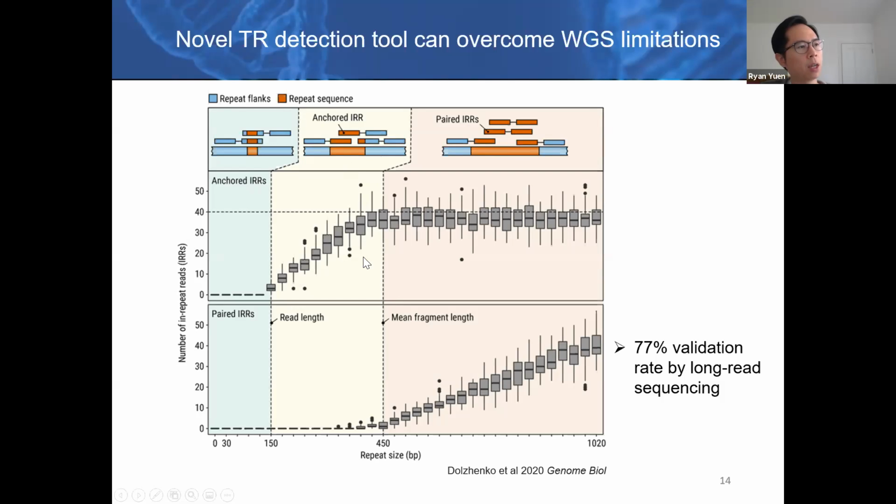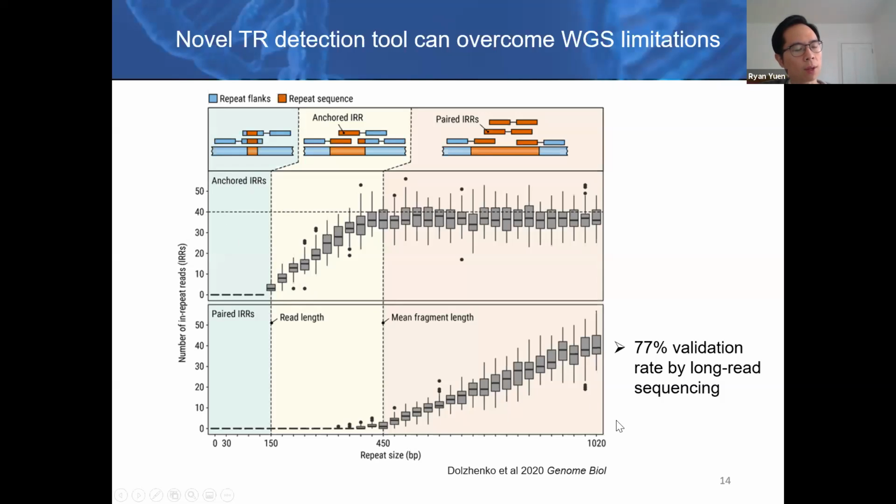In this example, if it's within the fragment length of the sequencing, in this case HiSeq X sequencing, the fragment length would be around 450. If it's within that length, anchor reads would get you the maximum, telling you there will be an expansion, but the maximum will be reached at 40 reads. If you also include the in-repeat reads, then you can estimate size where the expansion is exceptionally larger than the fragment length.